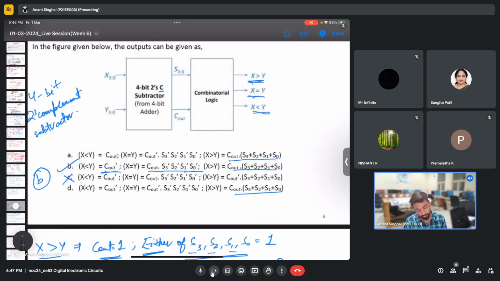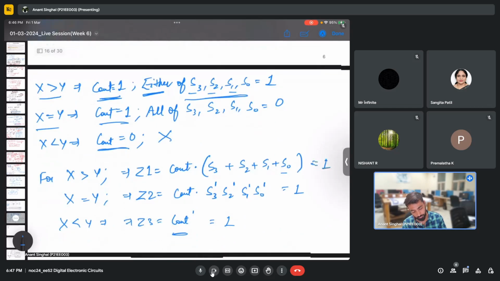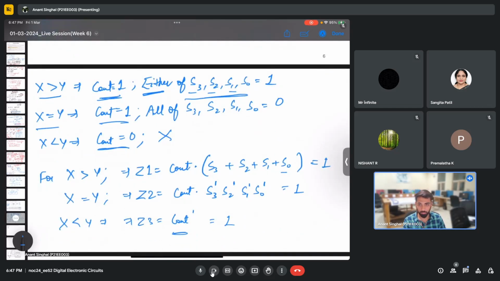So this is how it is. The answer is B. You can check it out and maybe we can try the next problem in 2 minutes.